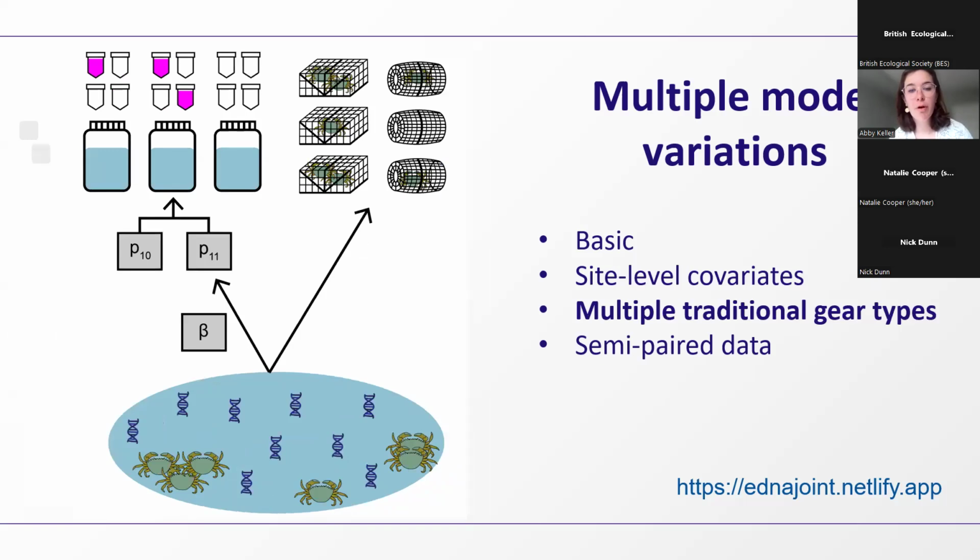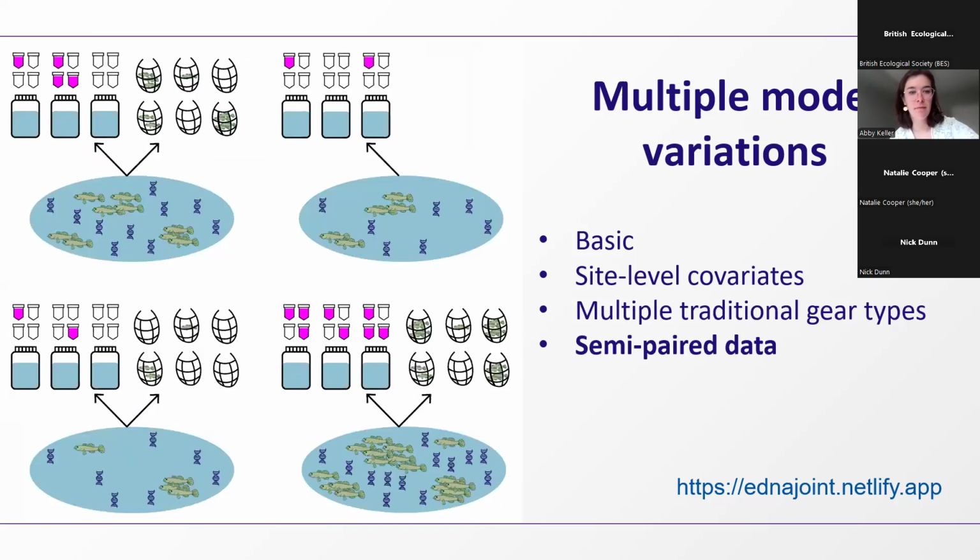Or perhaps you have multiple traditional gear types or survey methods, and you want to account for the different catchability or observation rates of these two or more methods. And then finally, the model also allows for semi-paired data. By semi-paired, I mean scenarios where you have traditional samples at only a subset of sites, but not all of them. Here you can make predictions about species density at sites where you've collected only eDNA data.